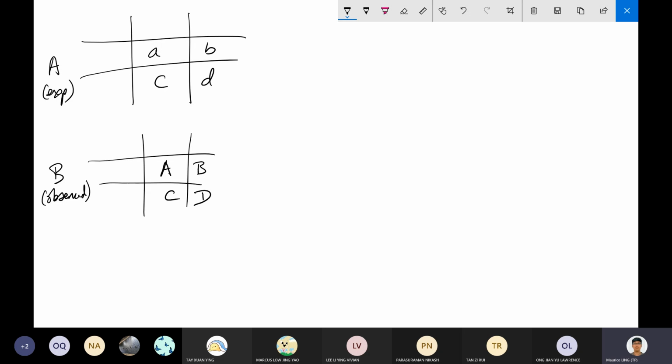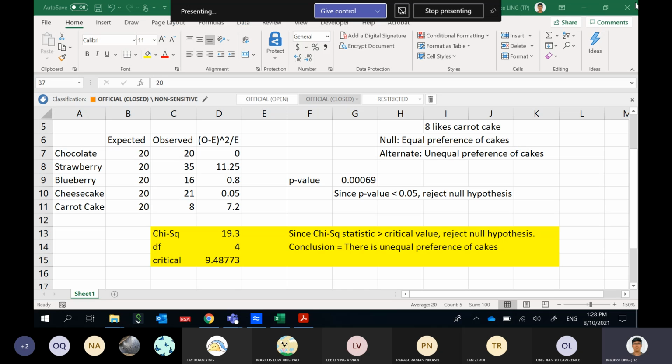How do you make it into Excel? It doesn't matter if it's 2x2, 3x3, or whatever. So how do you get these two into your regular chi-square table, which is this?